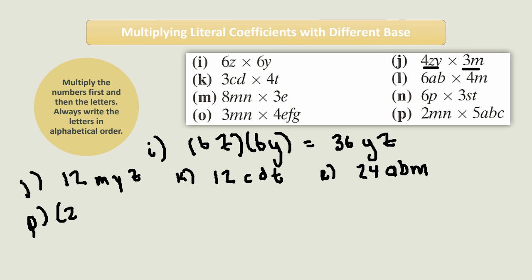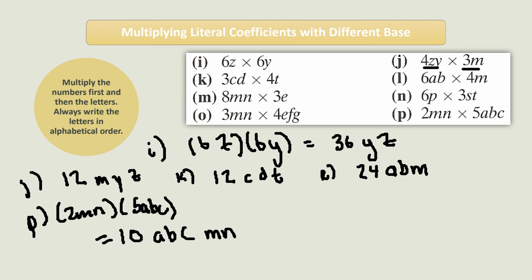We're going to multiply the 5 times the 2. That'll give me 10, and then we have an A, a B, a C, an M, and an N. So we're just writing them all side by side. We can remove the brackets, remove the multiplication signs, multiply those numbers as though they were just there on their own, and then combine the letters in alphabetical order.